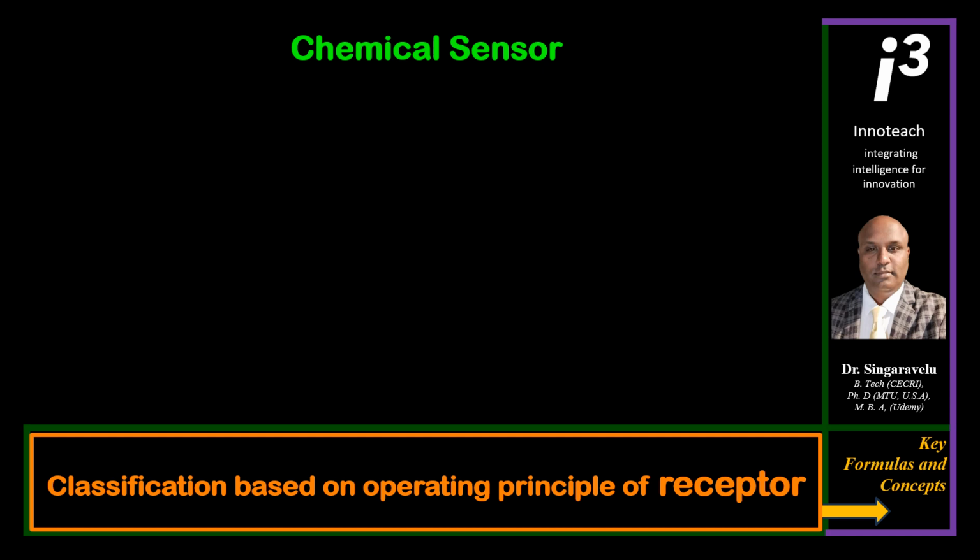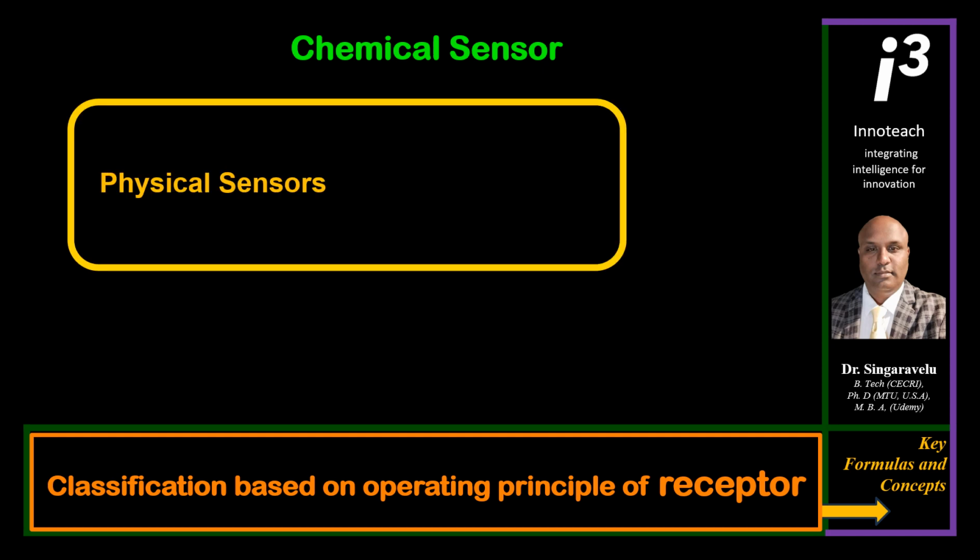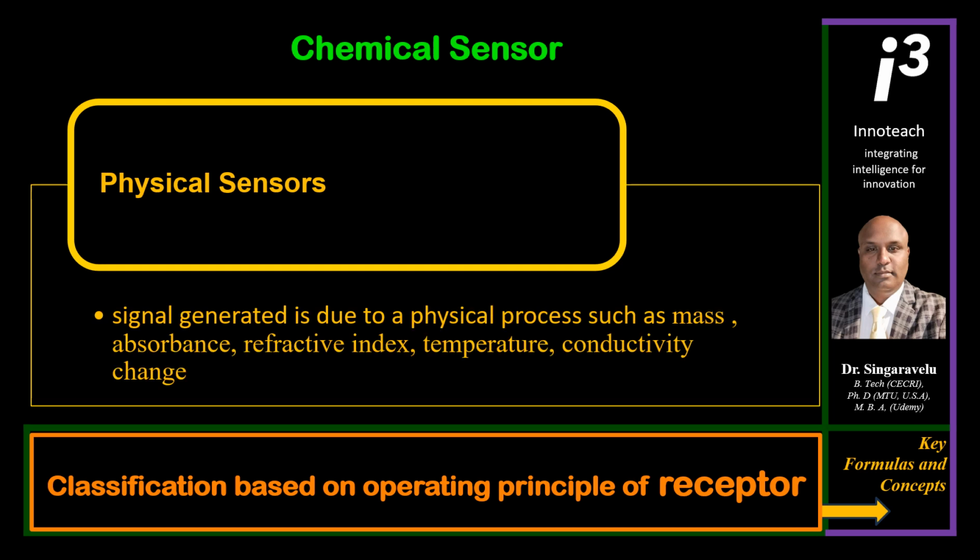So it can be classified based on the operating principle of a receptor. One type is the physical sensor, in which the signal generated is due to a physical process such as a change in mass, a change in absorbance, or a change in refractive index, or it could be a physical property like a rise or decrease in temperature.